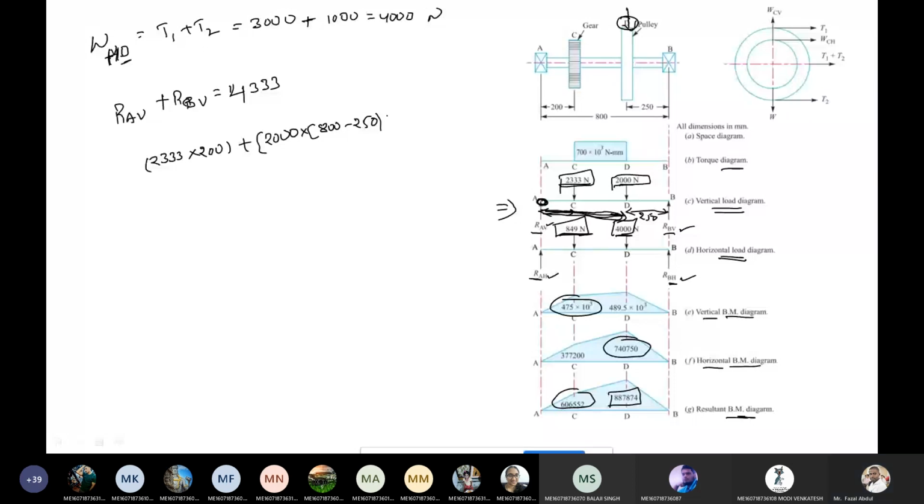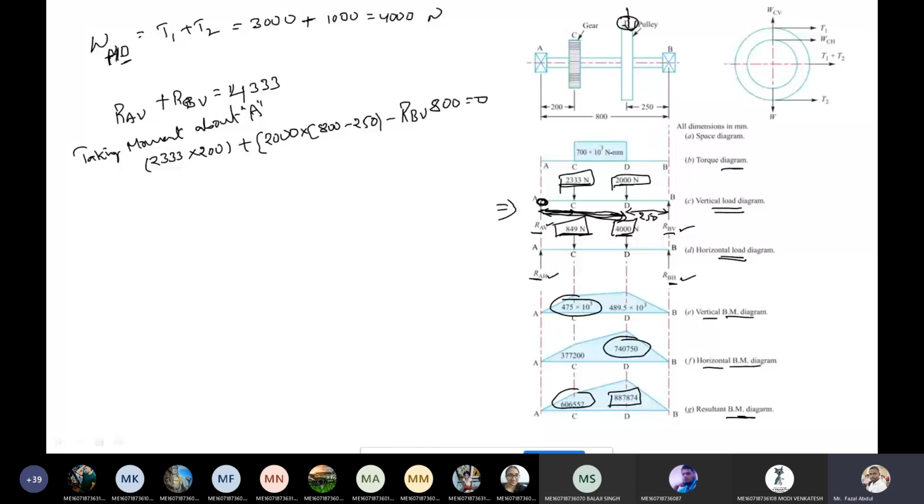Okay. Minus RBV into the total distance. What is the total distance? 800, equal to 0. Taking moment about A point.